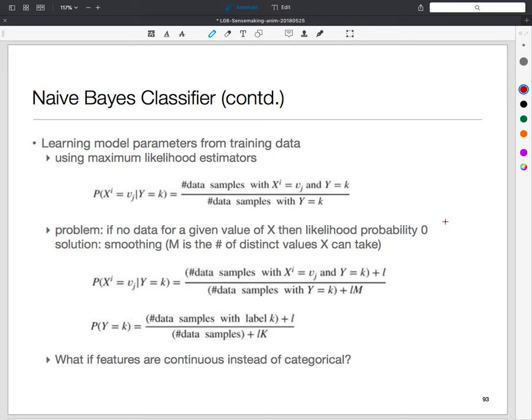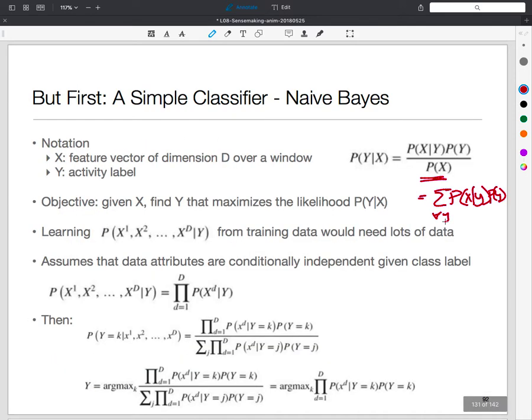Try as you might, you will still have certain combinations of y and x which will never be in your training set. So one thing you can say is they don't occur, so the probability must be 0. The problem though is that if these things are 0 and they are entering into the product term out here, then the product term will be 0.